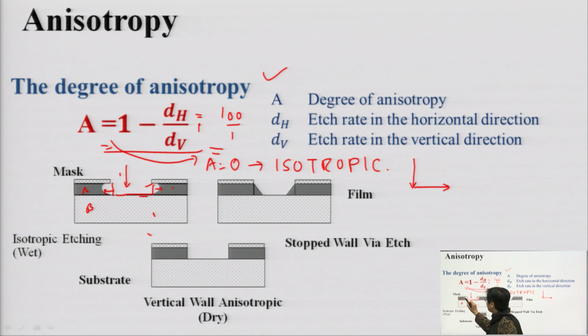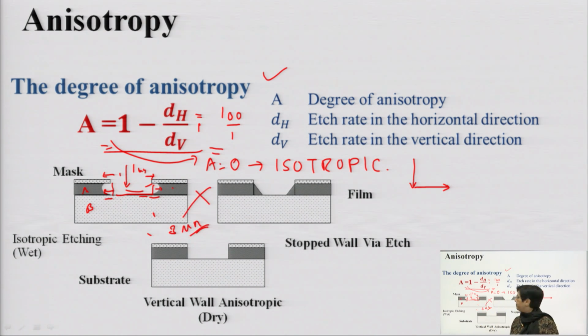If this area is of 1 micron, it will extend in this direction also, and the resultant dimension of the area which we were expected to etch away as 1 micron will be this 1 micron, this 1 micron and this 1 micron, approximately 3 micron, which is totally not tolerable.